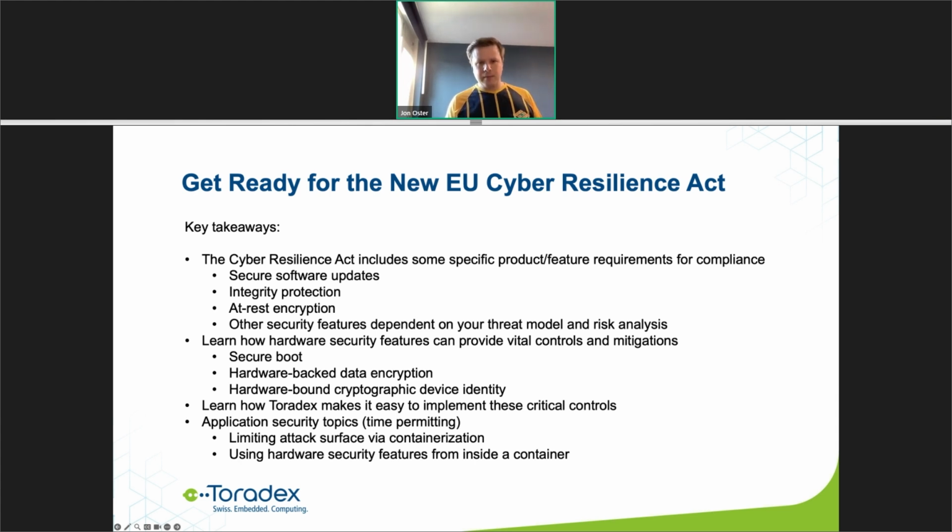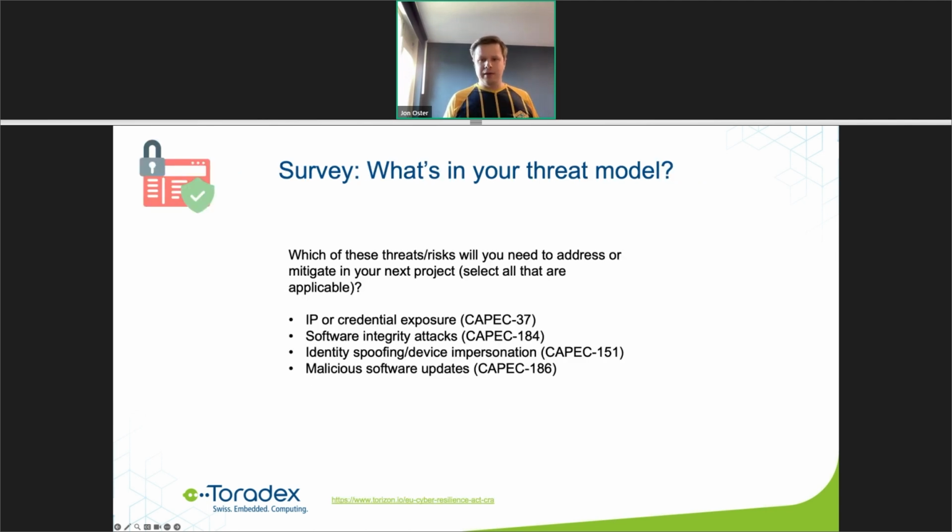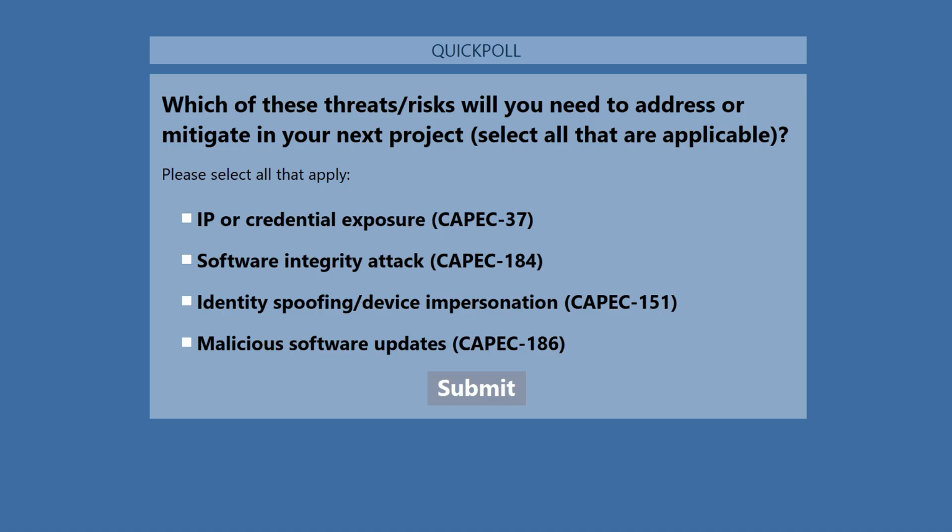So first things first, I would like to start off with a little survey. One of the things about the CRA is that you're required to do some risk assessment and threat modeling, and so I would like to survey everyone here on which of the following threats or risks you will particularly need to address or mitigate in your next project, and you can select as many as are applicable.